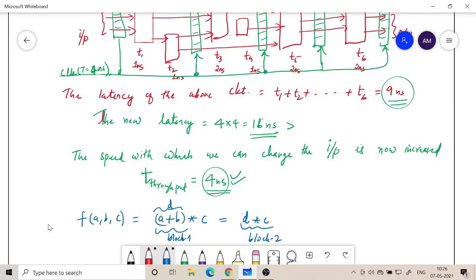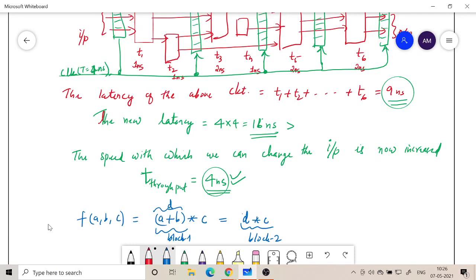The second block is now doing nothing. It is just sitting idle because it has not got d. So it is waiting for d, and after the first block computes a1 plus b1, d1 will be available.